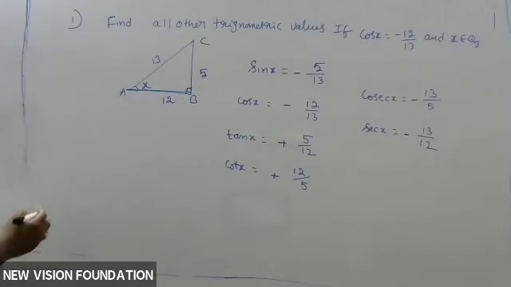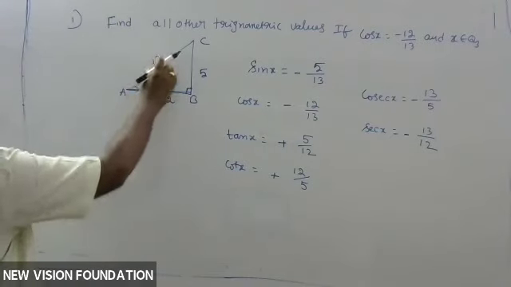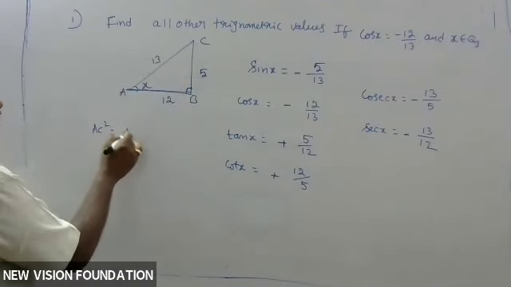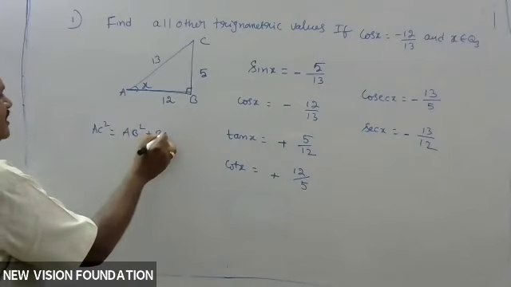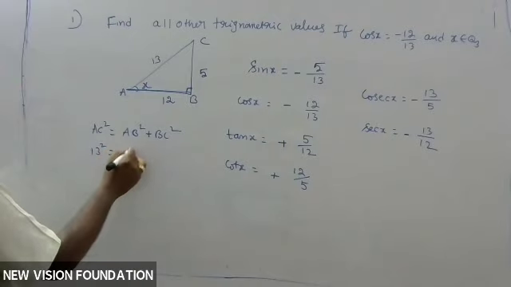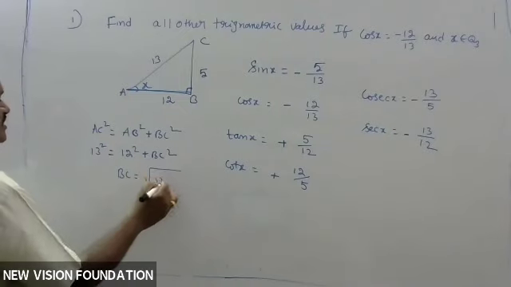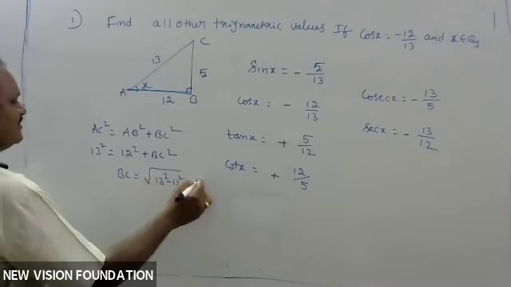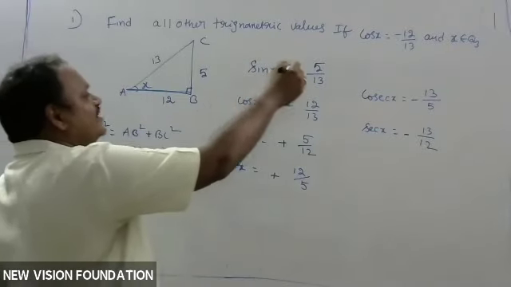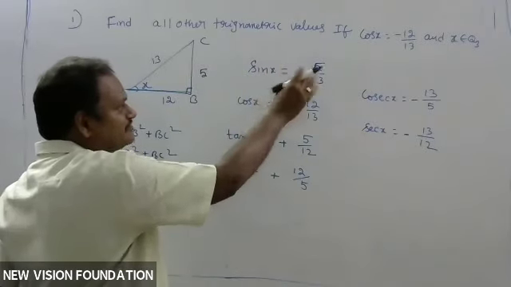Since they gave 12 by 13, the adjacent side is 12 and the hypotenuse is 13. By Pythagoras theorem, AC square equals AB square plus BC square, so 13 square is equal to 12 square plus BC square. From that, BC is the square root of 13 square minus 12 square, that is 5. From this, sin x is 5 by 13, opposite side by hypotenuse, and in the third quadrant sin x becomes negative.